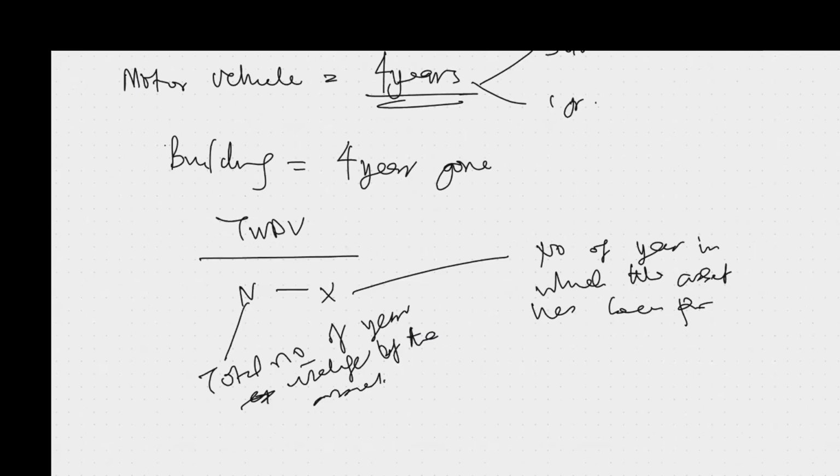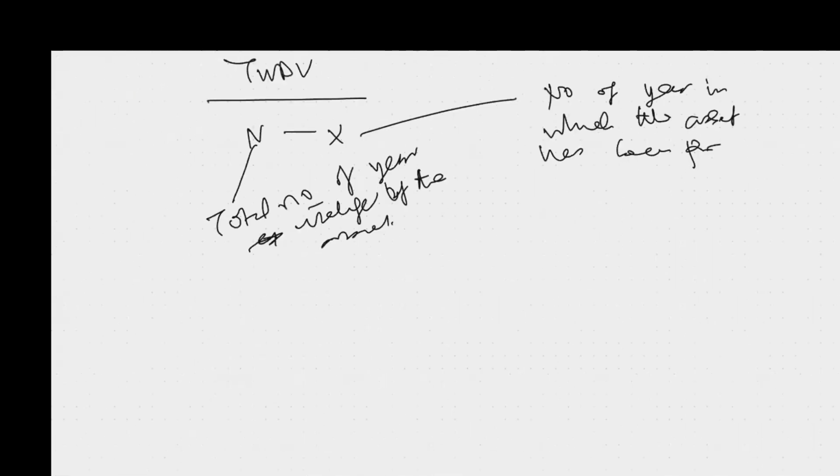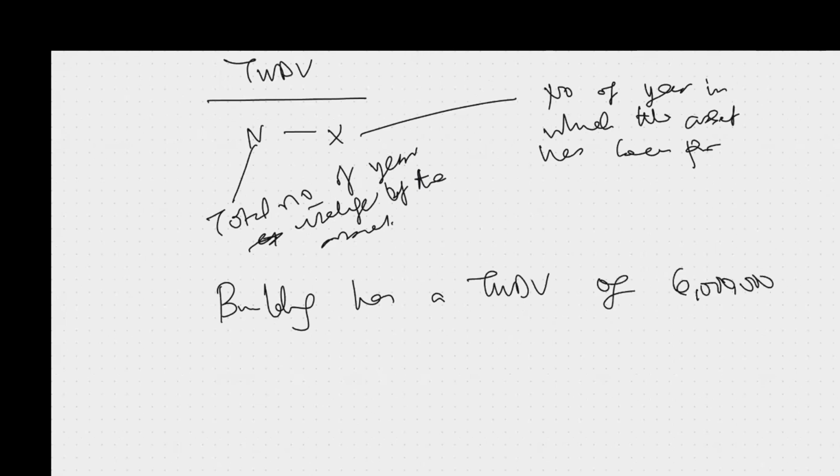So peradventure, the examiner tells you that building has a tax nominal value of 6 million and 7 years gone.